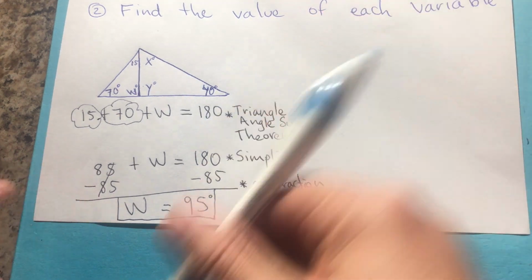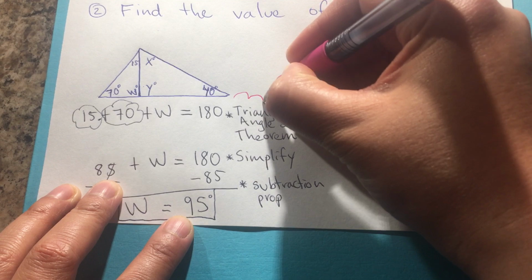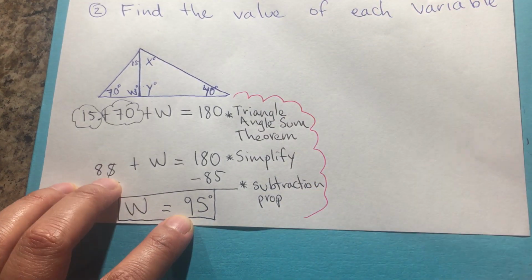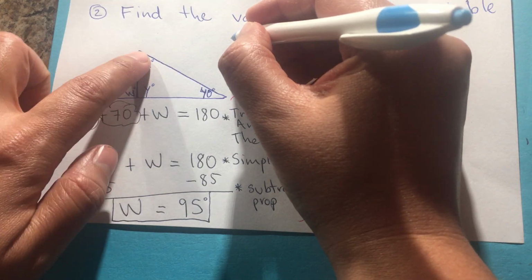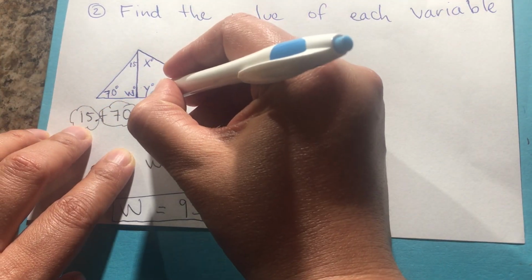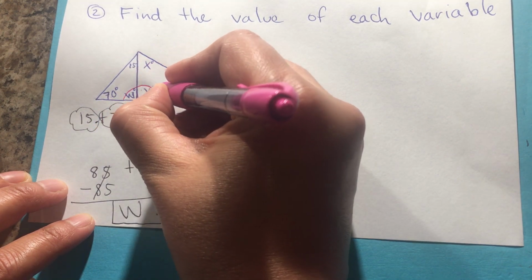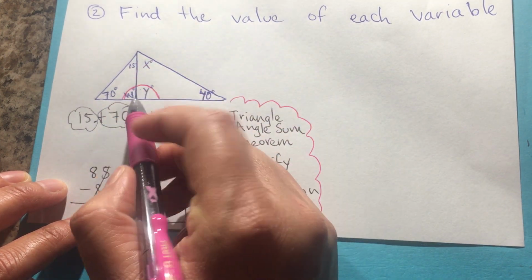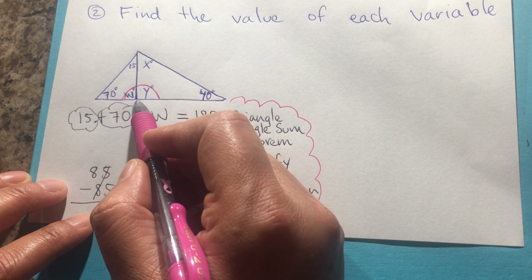Now let's find the other variables. So let me just separate that in here. Let's find Y. Remember that we have here the half orange. If you have half orange or half a circle, that's 180 degrees as well.